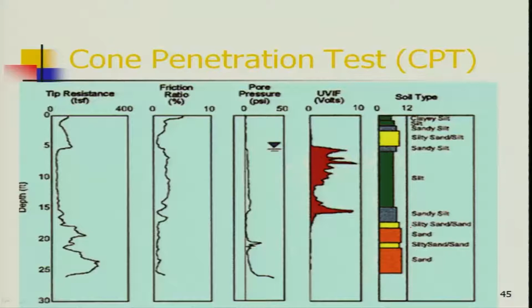So, from the cone penetration test I can get tip resistance as well as friction ratio or frictional resistance. It is a continuous sounding test. You will get variation of tip resistance as well as cone resistance over a depth, whatever the required depth.